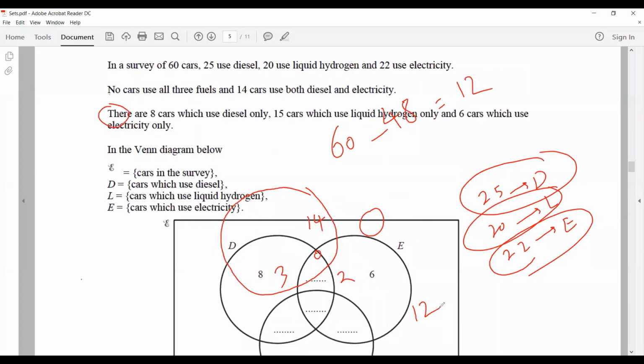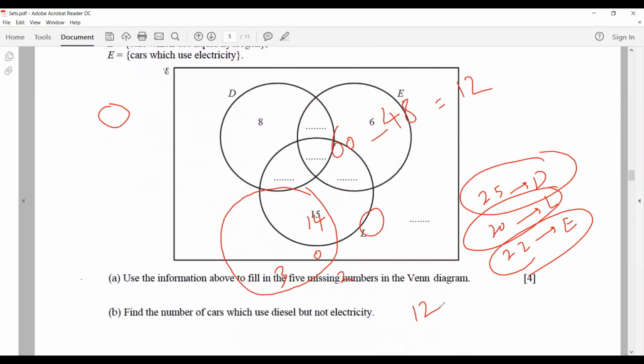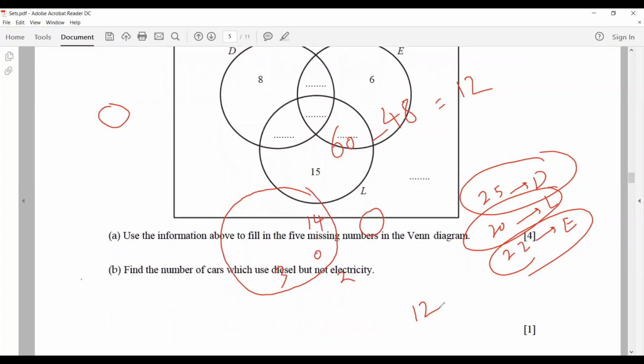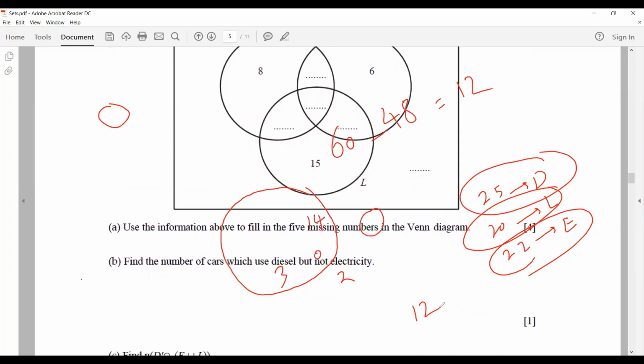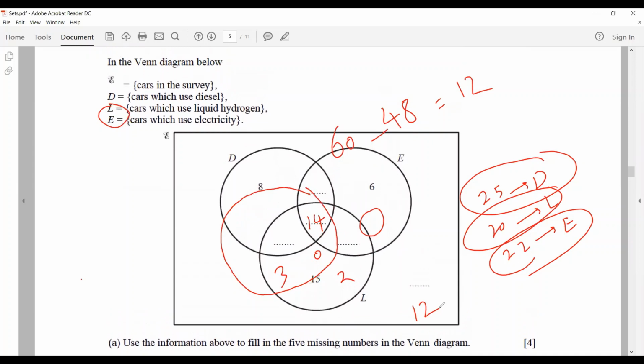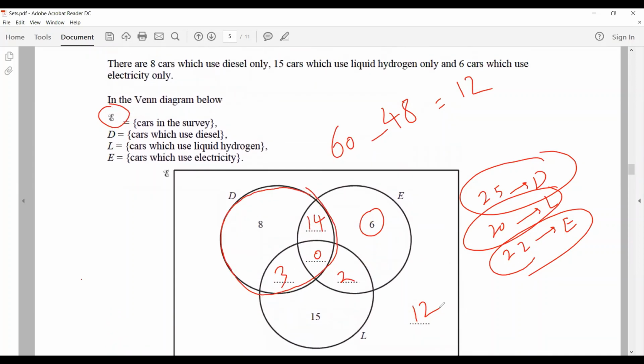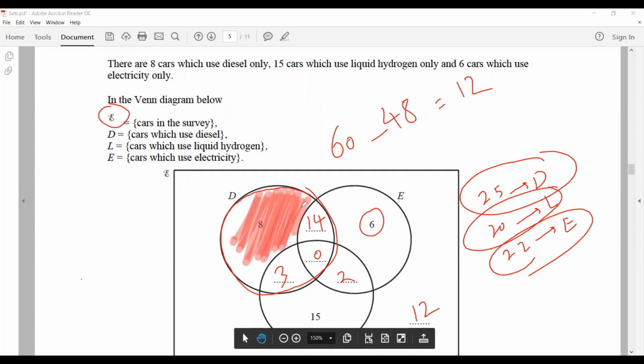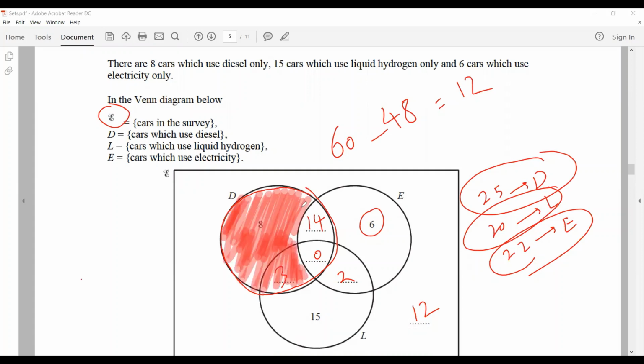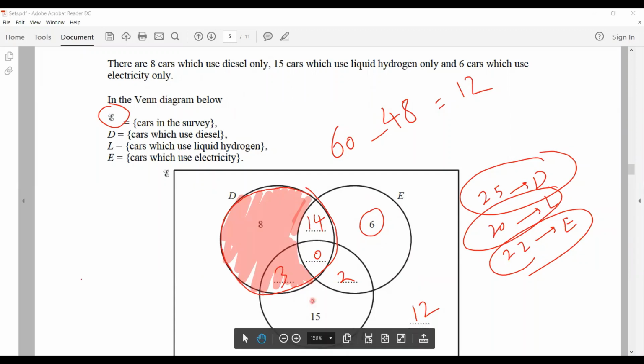So that was a nice question. So let's move on to use the information we filled in, and find the number of cars which use diesel but no electricity. That would be anything inside D which doesn't overlap with E. There is no constraint on whether those that use diesel shouldn't be using liquid hydrogen.